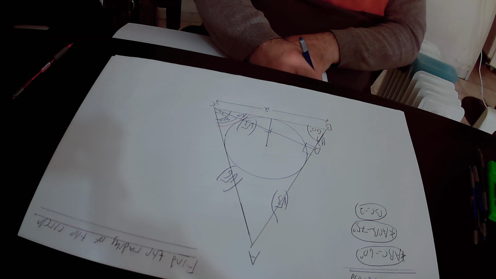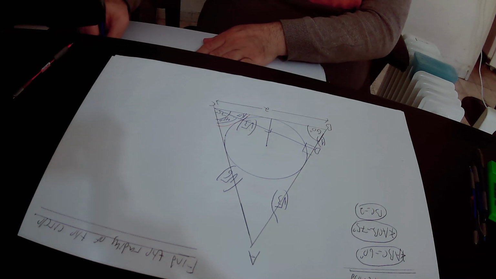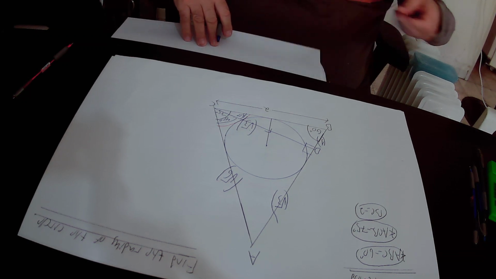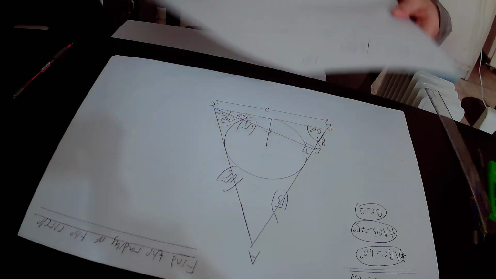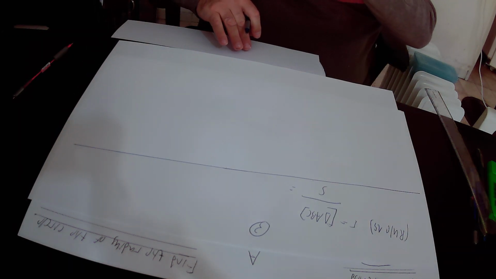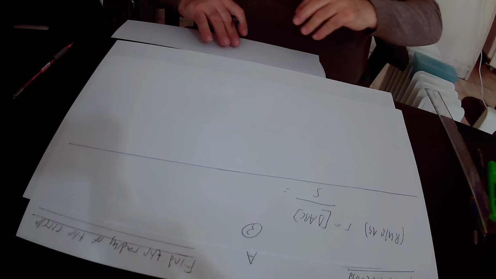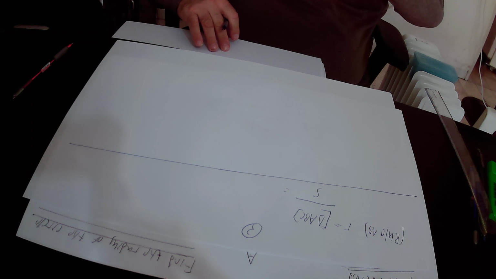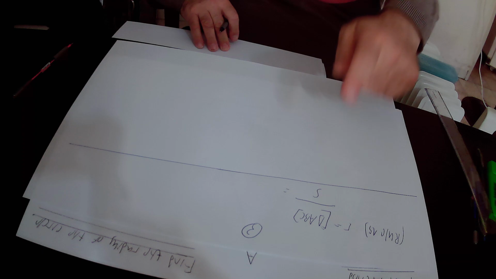Repeat again. According to rule number 15, the radius R of our circle, that is the radius that we are looking for in this question, equals the area of triangle ABC over the semi-perimeter of the same triangle, triangle ABC.